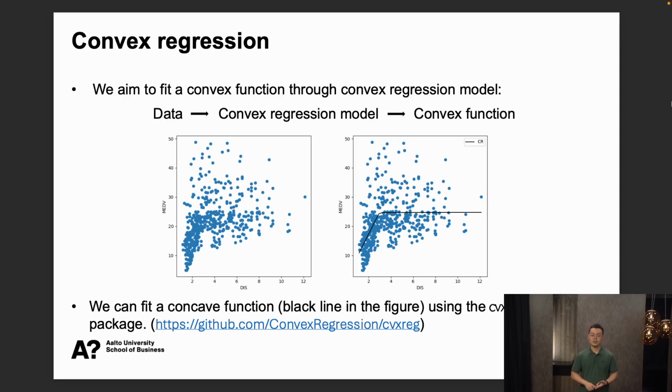In this picture, I plotted some data from the Boston housing dataset, and we can fit a concave function, which is the black line in the right figure, by using the convex regression Python package. I'll tell you more about this Python package in later slides.